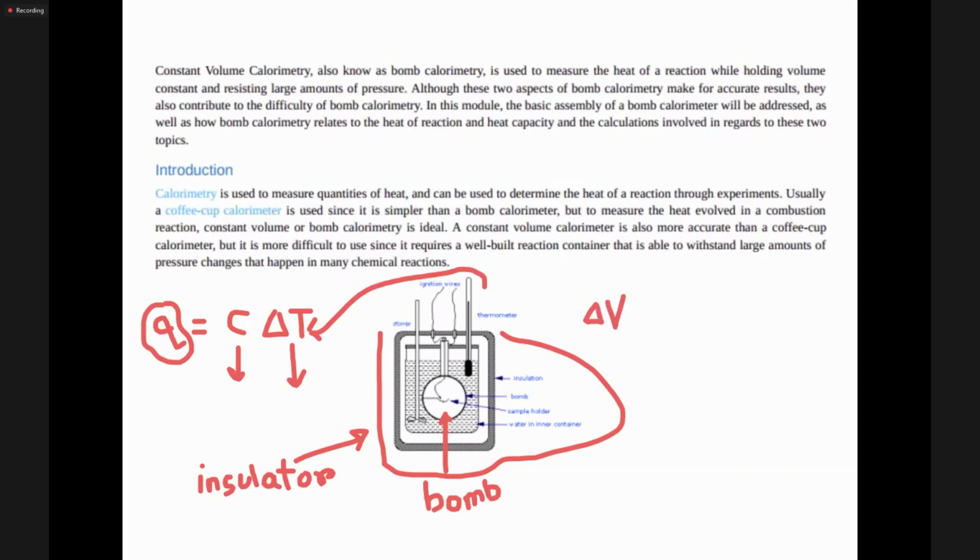So this is a physical process where it is completely sealed, delta V will be equal to zero, and the energy changes associated will be under constant volume. So we will calculate the heat evolved from the reaction as QV. The V suffix means the volume is kept constant. So we will calculate QV over here.